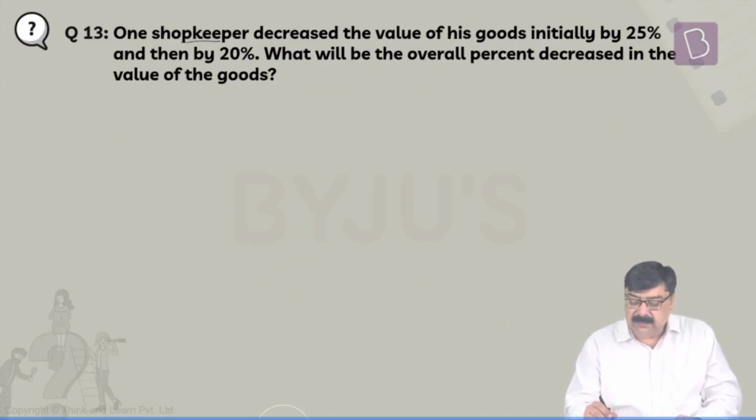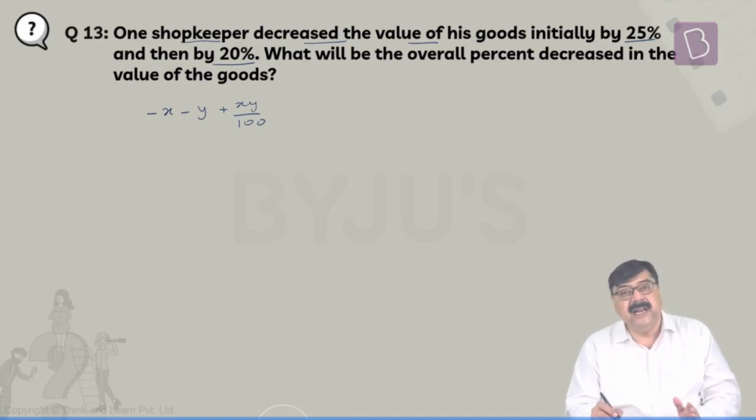Now, one shopkeeper decreased the value of his goods initially by 25% and then by 20%. So both decrease. So it should become minus x minus y plus xy by 100. Alright, because x and y here are negative values. So decreasing by 25, then decreasing by 20. And obviously minus x into minus y will give you positive xy.